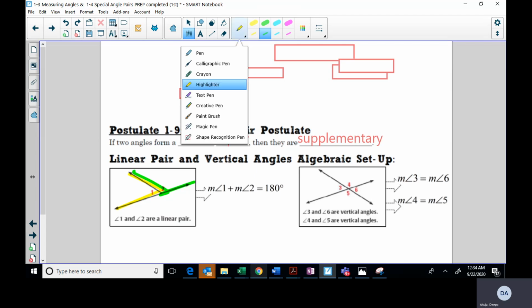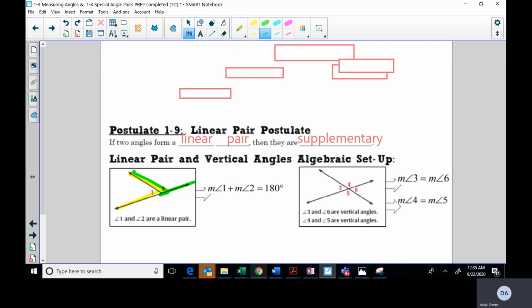Why are they supplementary? I just told you in a previous slide that they are forming a straight angle, that is 180. From there, we concluded that angle 1 and 2 will be equal to 180. So linear pair, whenever you see it, it is equal to 180.